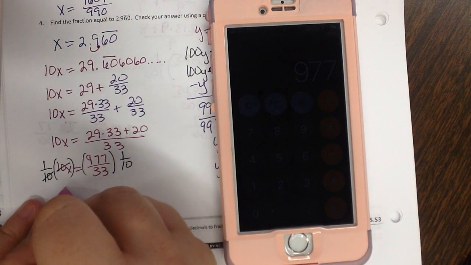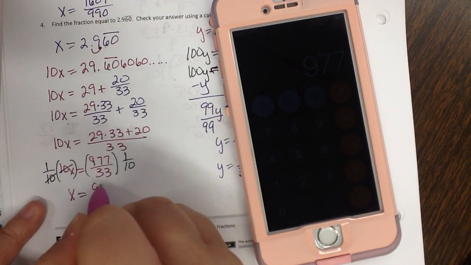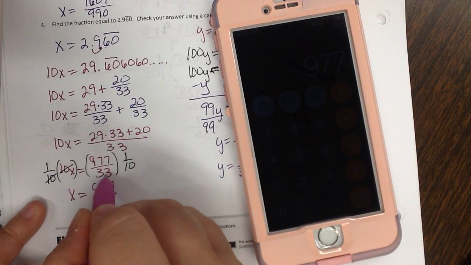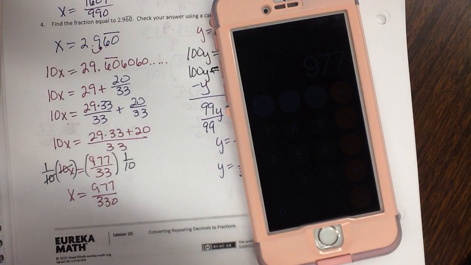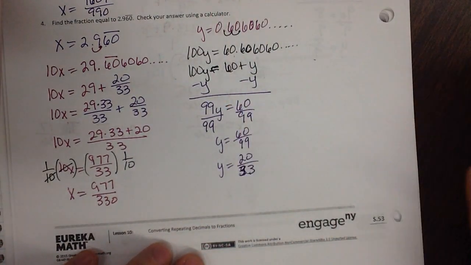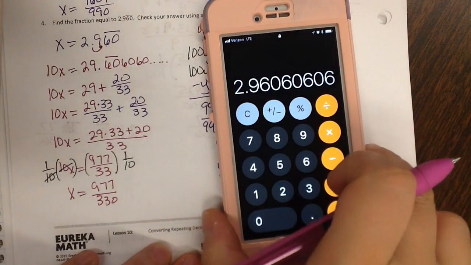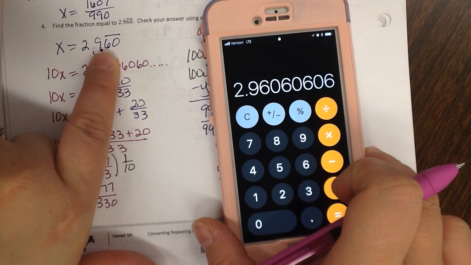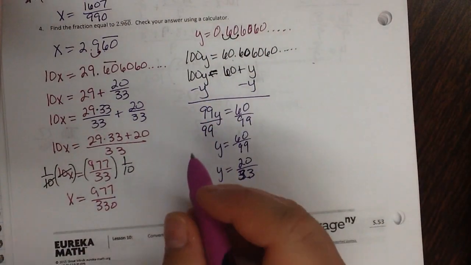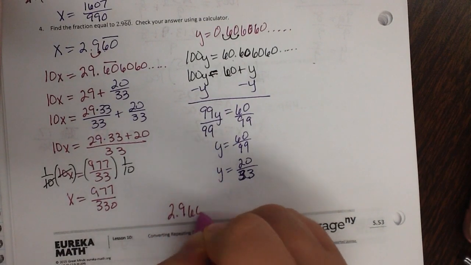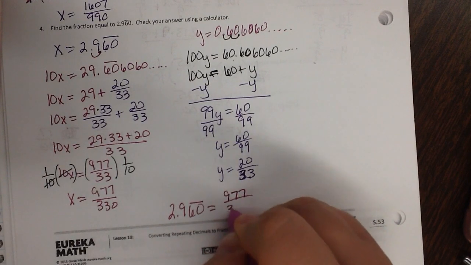So I'm left with, on the left side, x equals, I multiply 977 times 1 gives us 977. 33 times 10 is 330. And we would leave it at that. That is a large number, and we can double check that. 977 divided by 330 does equal the 2.960 repeated. The 60 repeats. So 2.960 repeated equals 977 over 330.